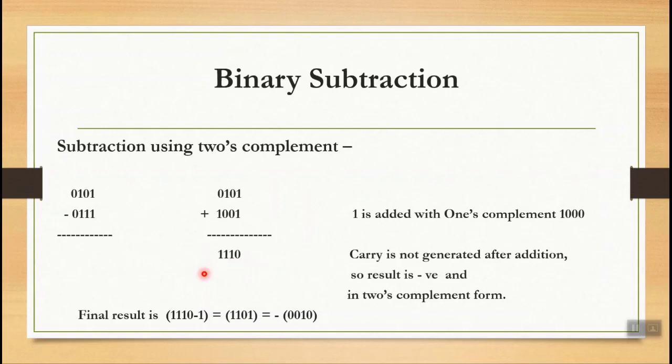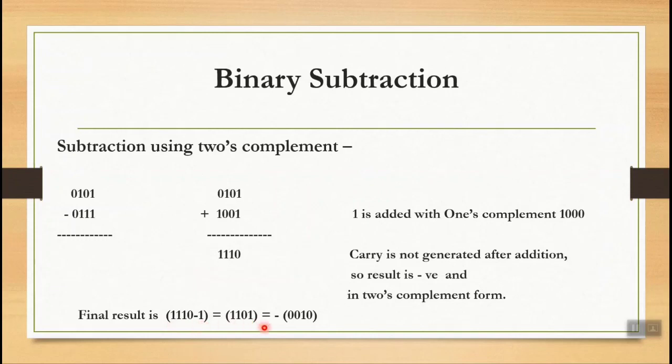Now what is the final result? After addition the carry is not generated, so the result is negative. The result will be negative based on the conclusion, and the number is in 2's complement form. So you have to bring it back to normal form. The result is 1 1 1 0 minus 1, which is the 1's complement.